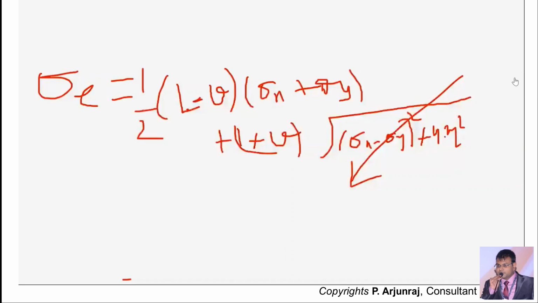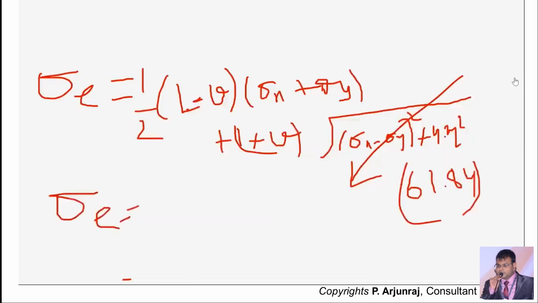Okay, and the value that we got using the maximum shear stress theory is 61.84. I'm just reducing the time of calculation, and now this sigma e is equal to 1 by 2 into 1 minus 0.3.